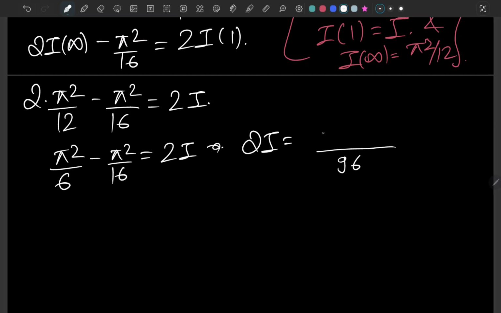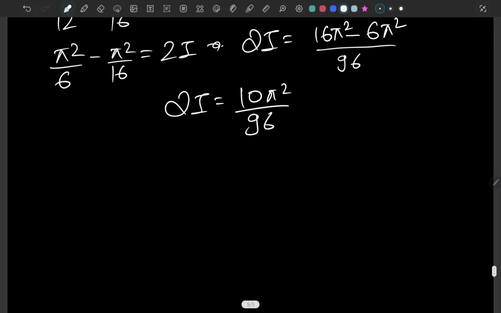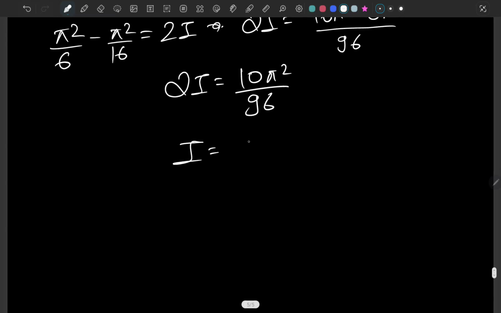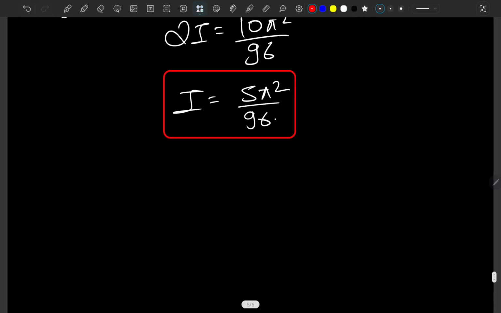So this is, sorry, 16 pi squared minus 6 pi squared. So 2I equals 10 pi squared over 96, and hence I comes out to be 5 pi squared over 96. And this is the value of Ahmed's integral.